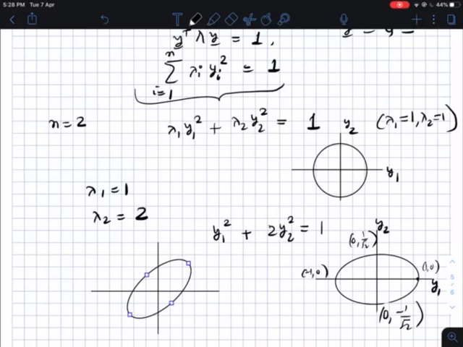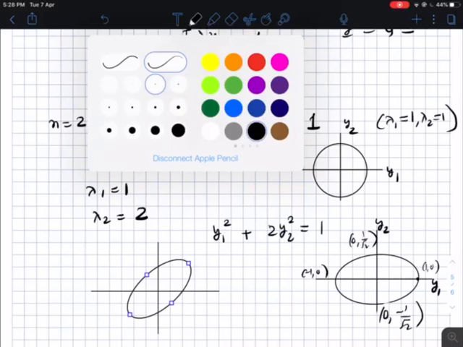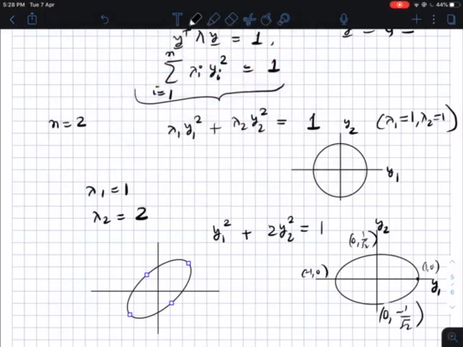And the directions of this ellipse, the directions of the major and minor axis here, are essentially going to correspond to the columns of Q. Okay, so this corresponds to the eigenvectors.